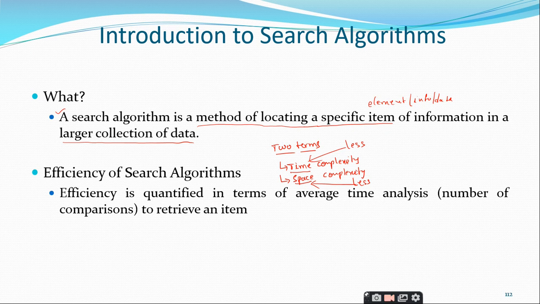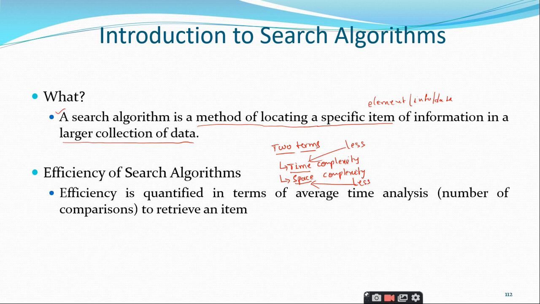So out of these two parameters, please consider that time complexity has higher priority than the space complexity. The algorithm which takes less time will be considered the best or efficient algorithm.